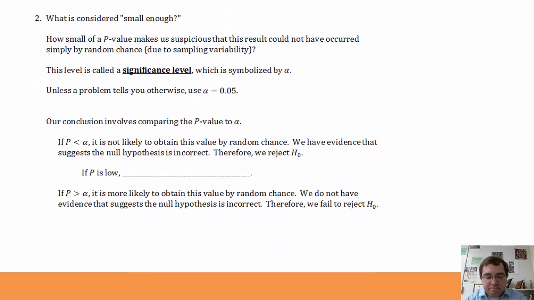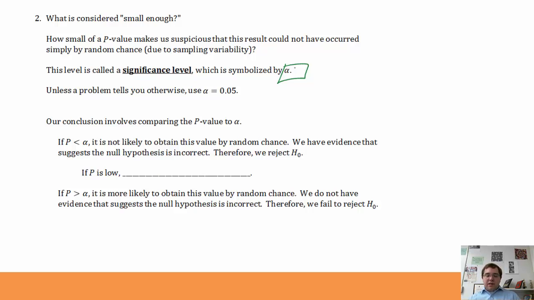Question number two. What is considered small enough? Well, how small of a p-value makes us suspicious that this result could not have occurred simply by random chance due to sampling variability? How small of a probability makes us suspicious? This level is called a significance level, and it's symbolized by the lowercase Greek letter alpha.